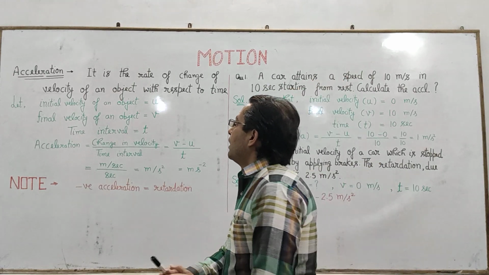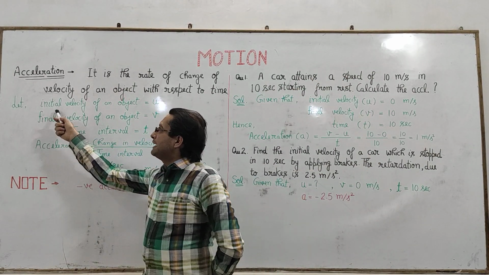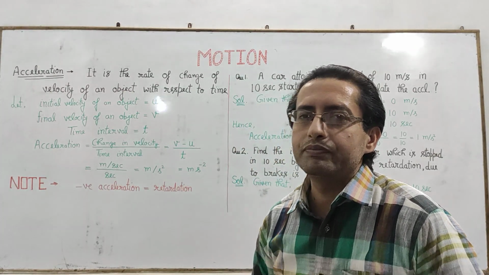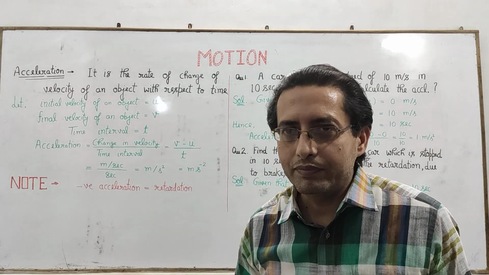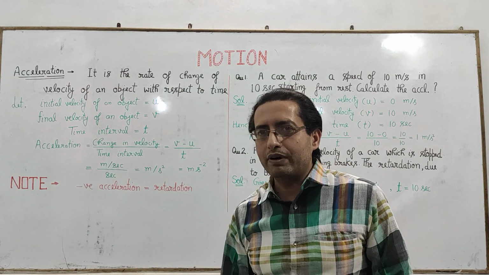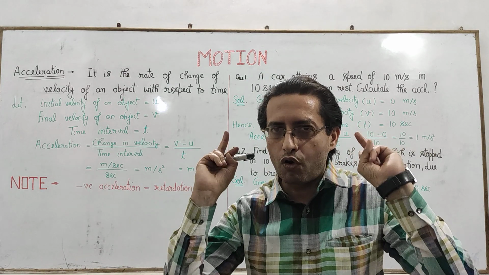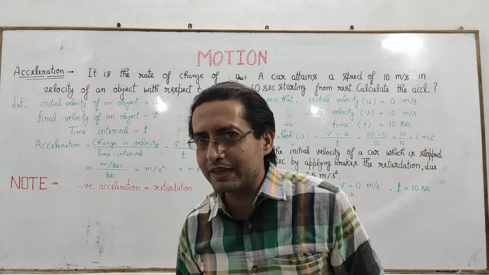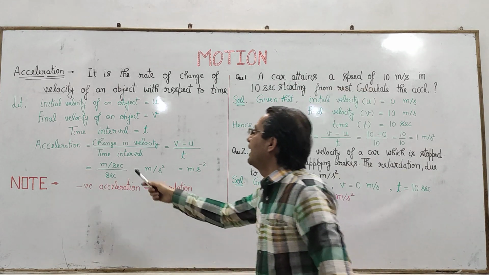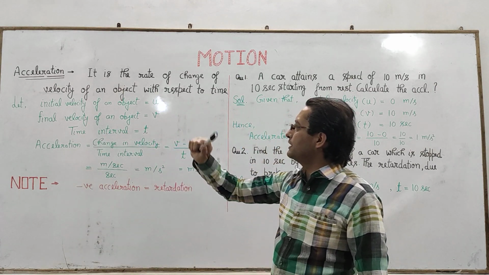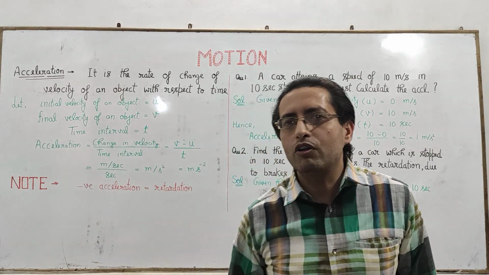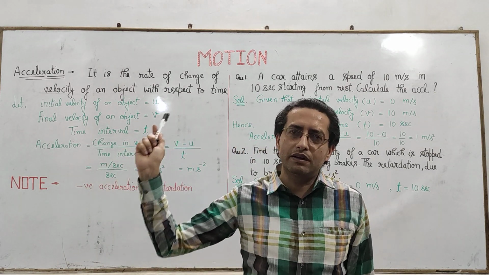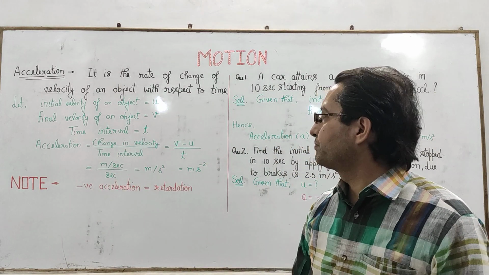Let us consider the initial velocity of any object, let it be u. Here we have to remember that letters always matter. So initial velocity is always represented with a small u, the final velocity is represented by a small v, and the time interval, let us consider it as a small t.